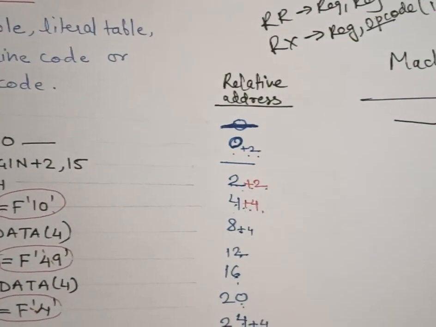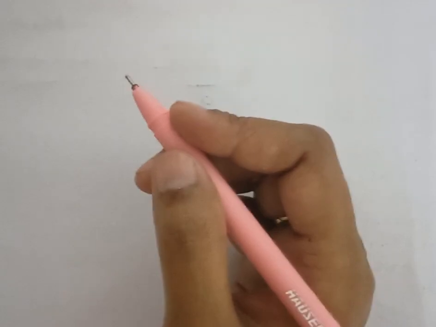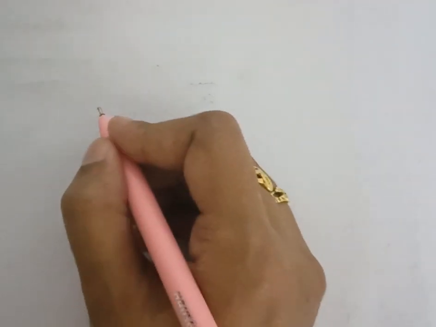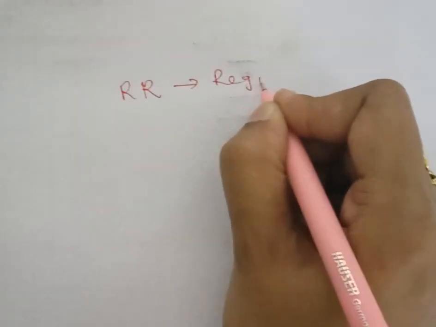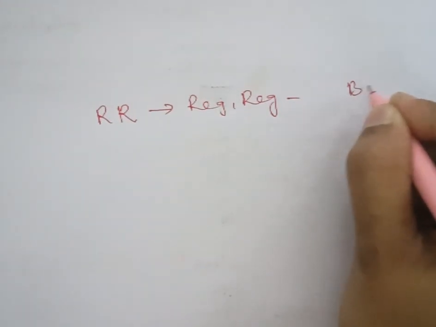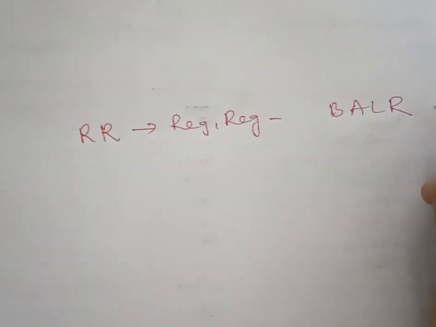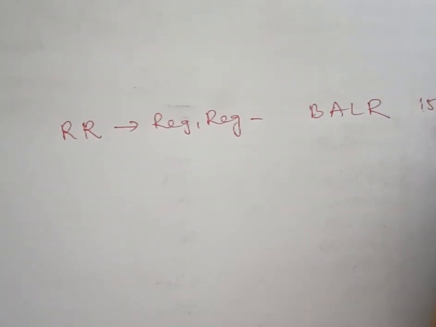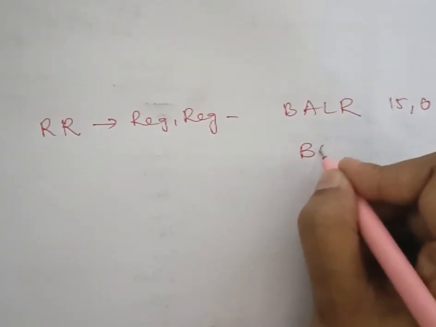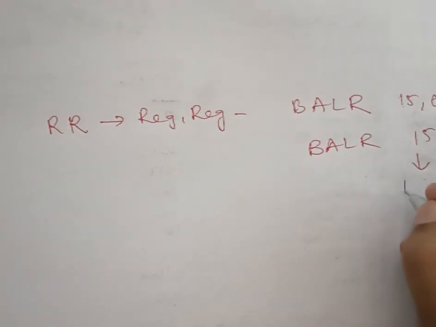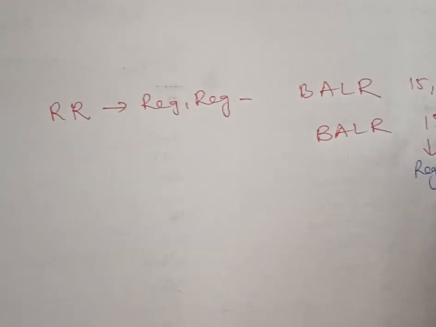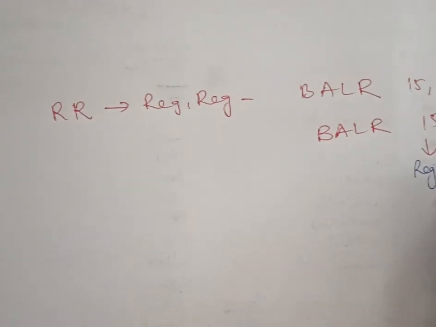Now before solving the machine code, I am going to give you some tips about how to write the RR instruction, which contains register and register. So here we are having the example of BALR. BALR always contains this kind of instruction, so we can write directly like this, 15, 0, where 15 is the register and again 0 is the other register.